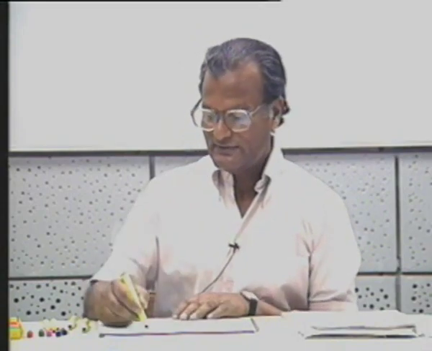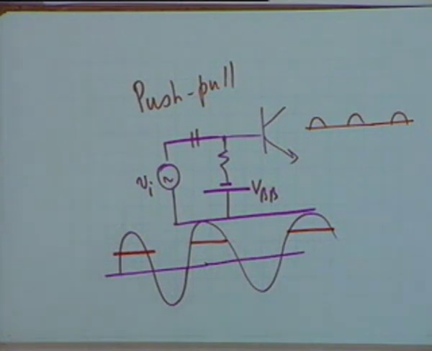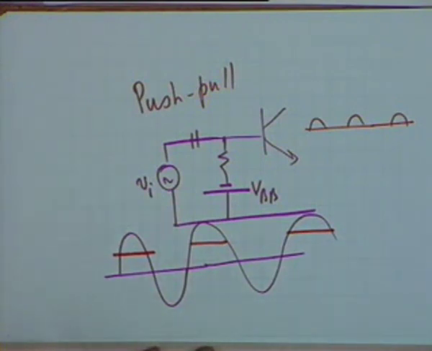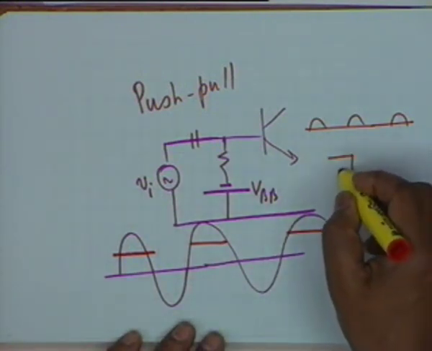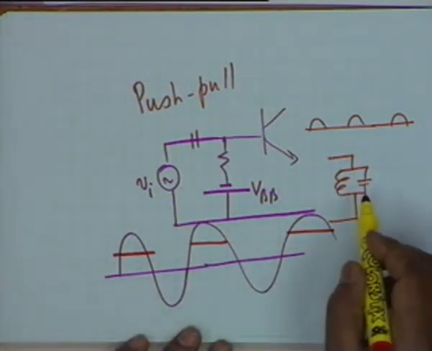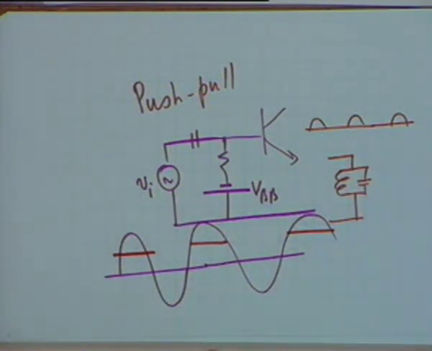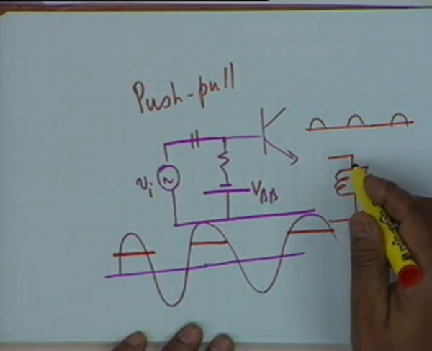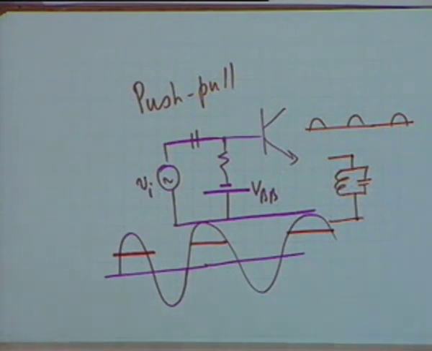So what is done is, from these little pulses, you know that such pulses can be decomposed by Fourier analysis into their fundamental and harmonics. These pulses of current are passed through a tuned circuit, a parallel resonant circuit, which is resonant at the fundamental frequency, which means that at the fundamental frequency the impedance of this is very high.